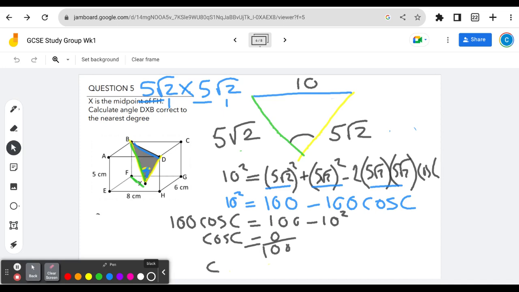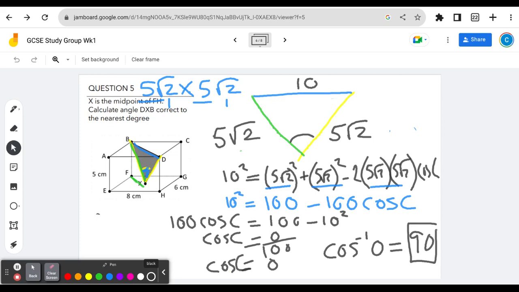So we have cos C equals 0. Okay, and if you inverse cos that on your calculator, you would get the value. So I have to press shift cos of 0, and it comes out as 90 degrees. So that angle is actually 90 degrees.